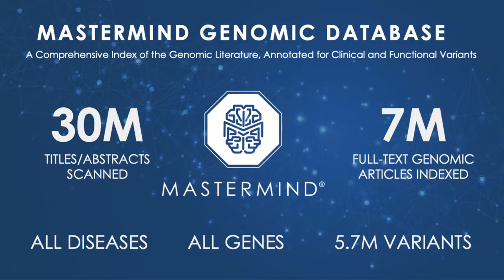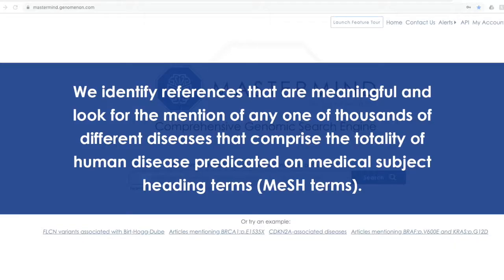To date, that amounts to 7 million full text articles and growing by 10 or 20,000 articles per week, and includes a vast amount of data from more than 700,000 supplemental data sets. Both of those bodies of evidence are updated on a weekly basis.